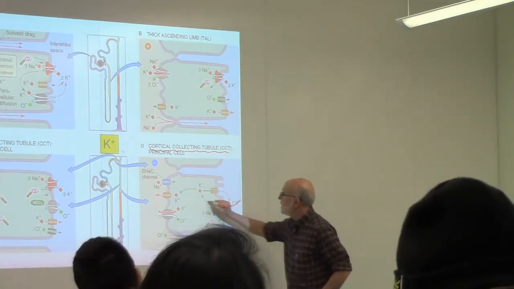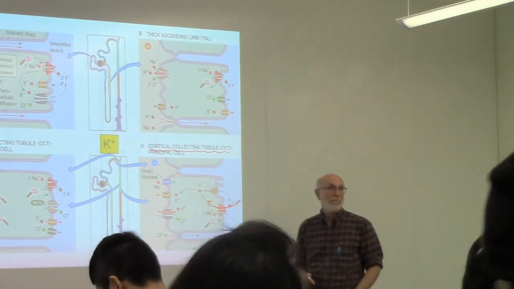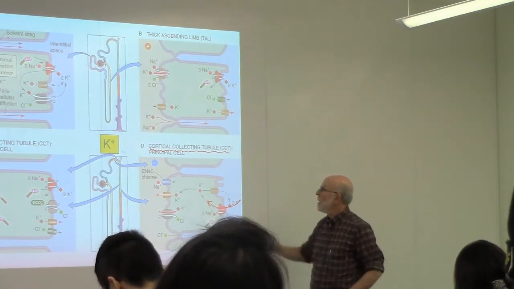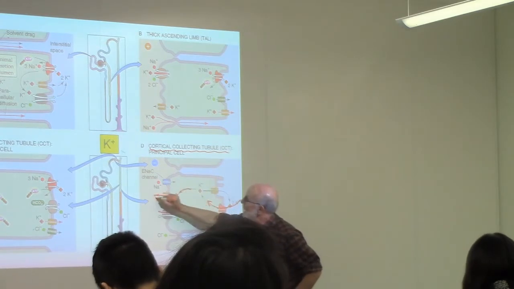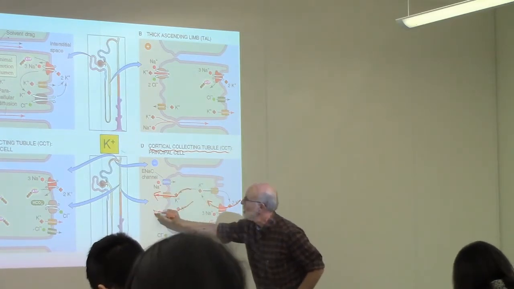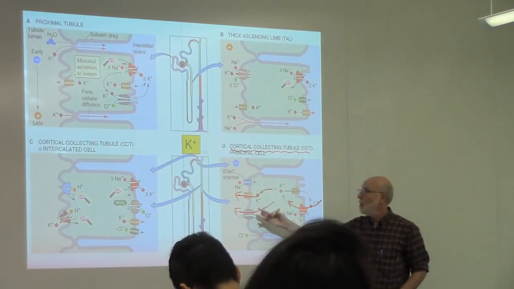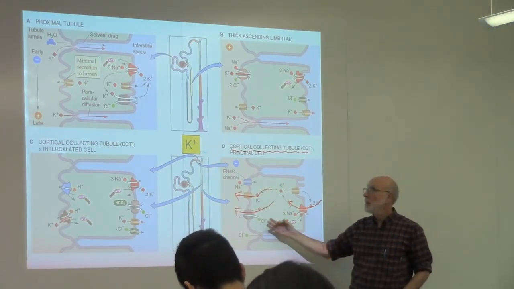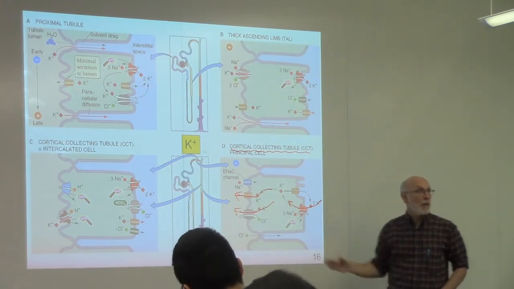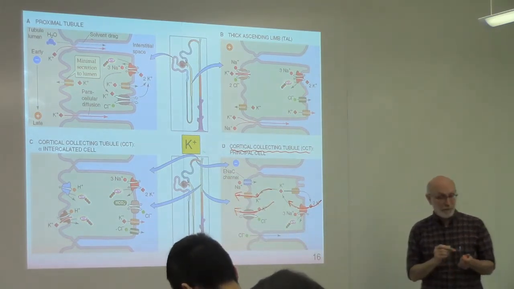Potassium is pumped into the cell by the sodium potassium ATPase, and potassium is transported passively down its concentration gradient to get out in the cortical collecting tubule.